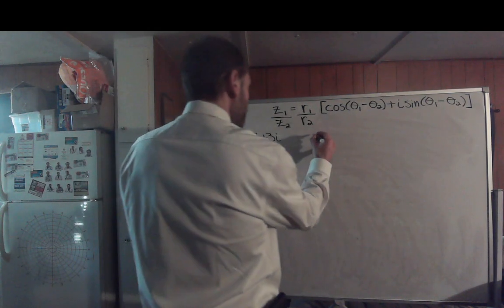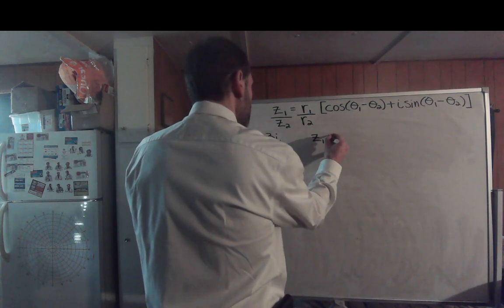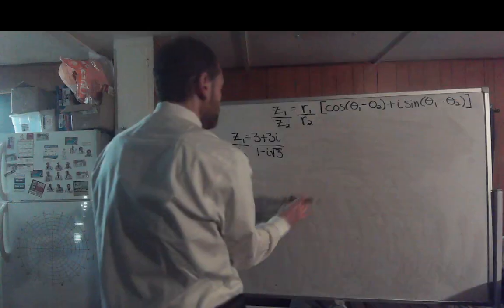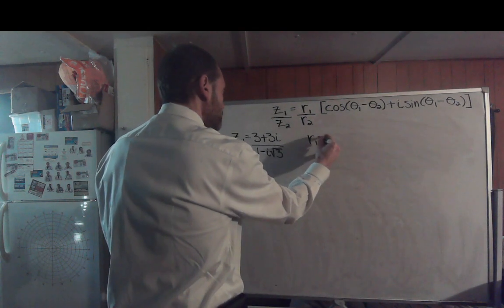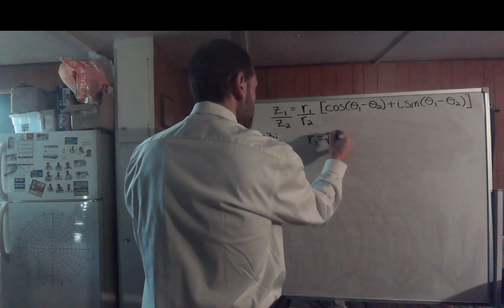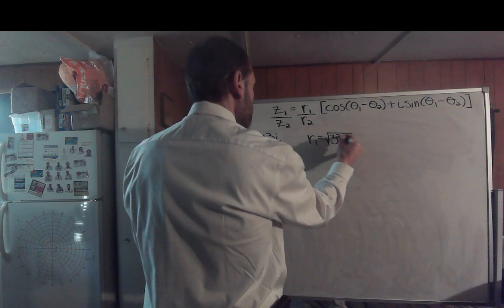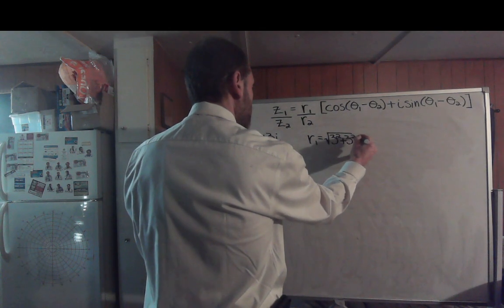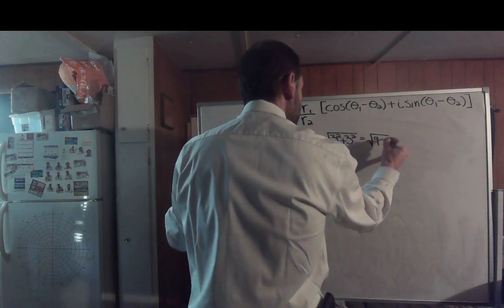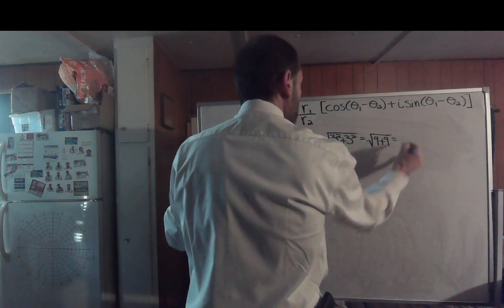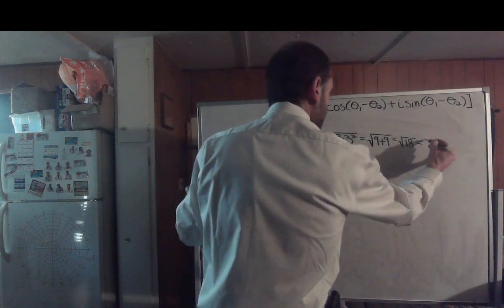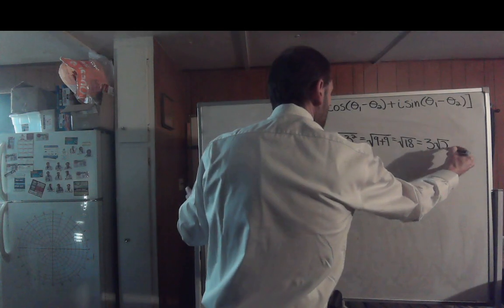So for z sub 1, of course, we'll find r sub 1, which is going to be the square root of that 3 squared plus 3 squared, which would be the square root of 9 plus 9, which is going to equal the square root of 18, or simply 3 times the square root of 2.